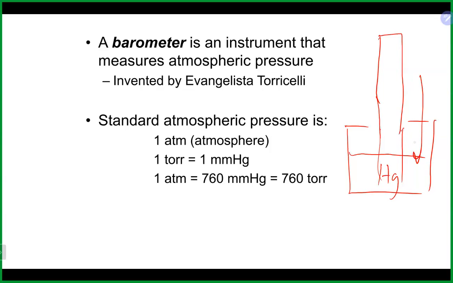The atmospheric pressure would push down on that, and up goes the mercury in the tube. Mercury, by the way, if you ever see it, has an unusual meniscus. It actually goes upwards, as opposed to the downward U like everything else.